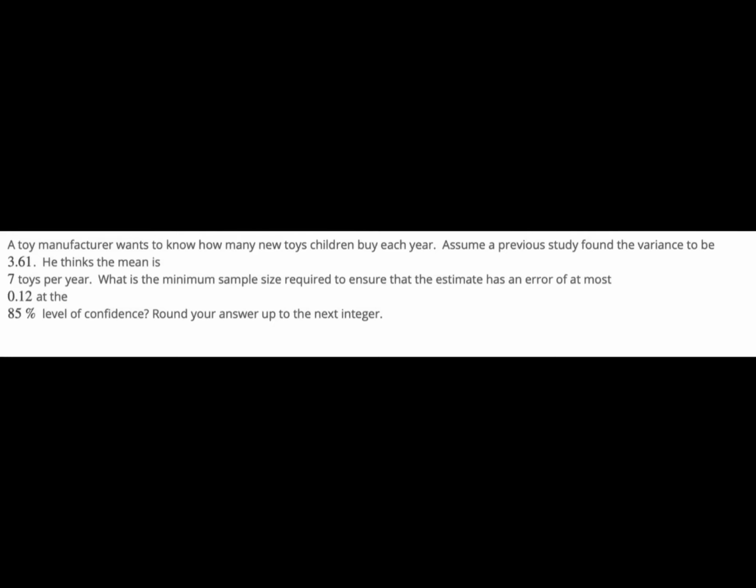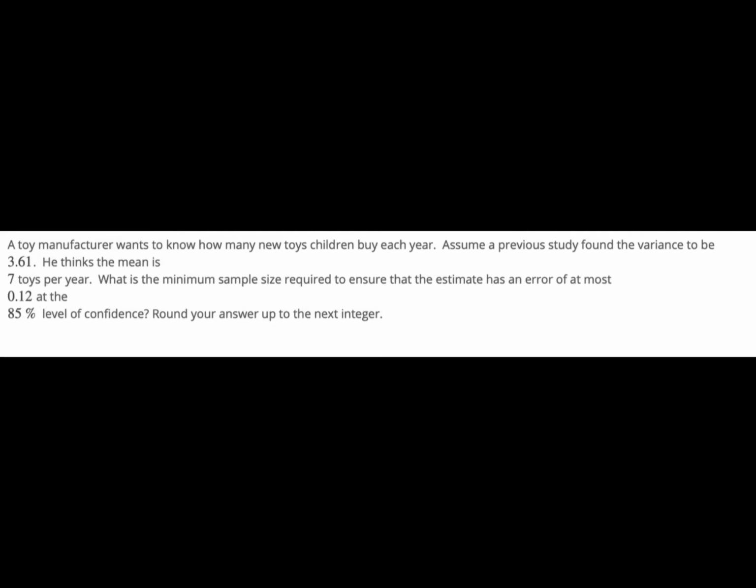What is the minimum sample size required to ensure that the estimate has an error of at most 0.12 at the 85% confidence level? So here they are looking for that value of N. They are looking for the sample size. What you will notice is that they have given you that margin of error.